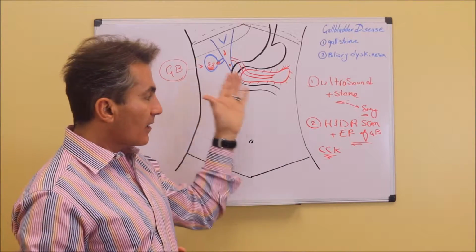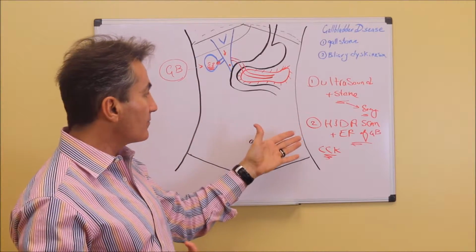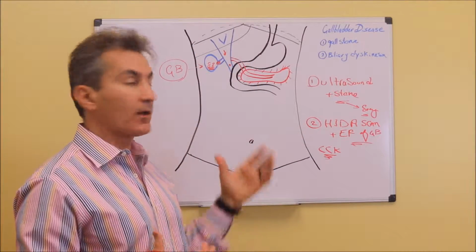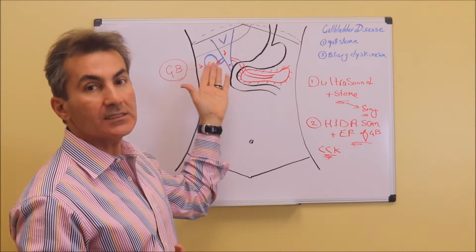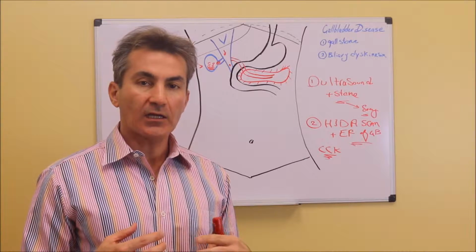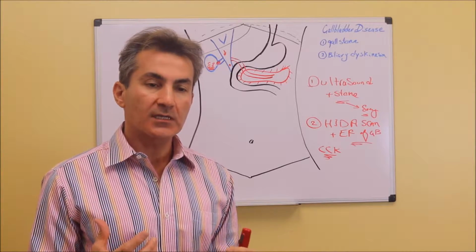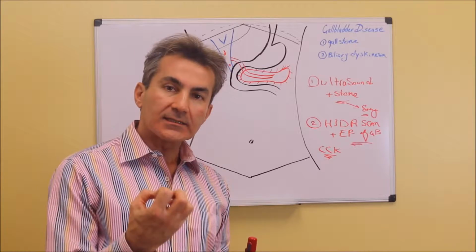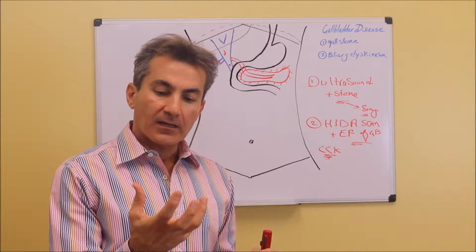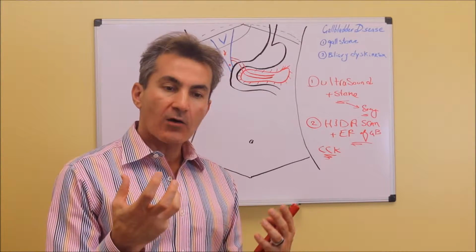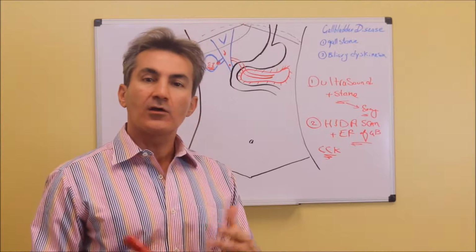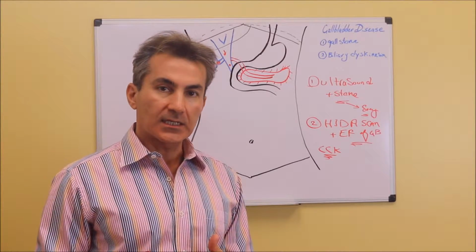Then the scan will measure the amount of radionuclide inside the gallbladder, and after a computer measurement, it checks the contractility of the gallbladder, or in other words, how the gallbladder functions and how it contracts and empties itself in response to the CCK hormone.